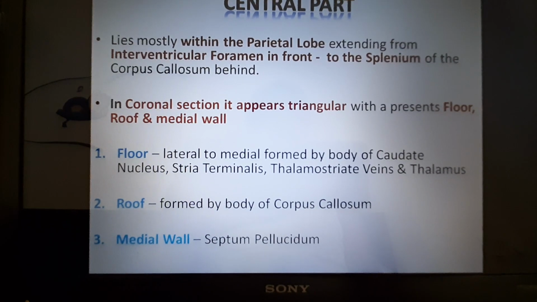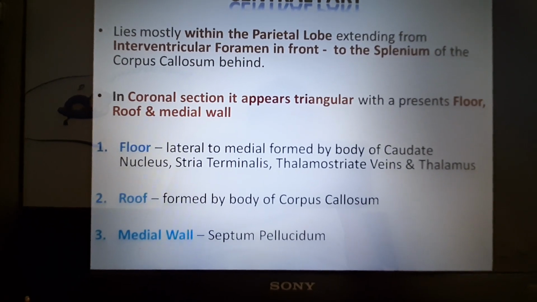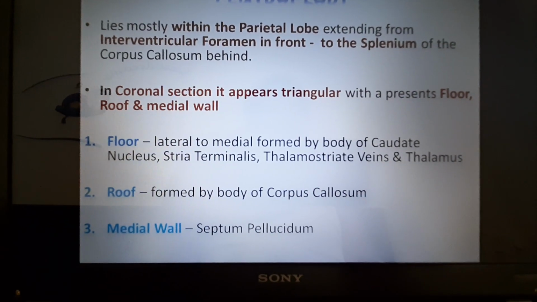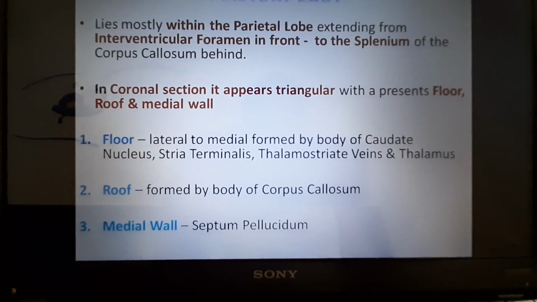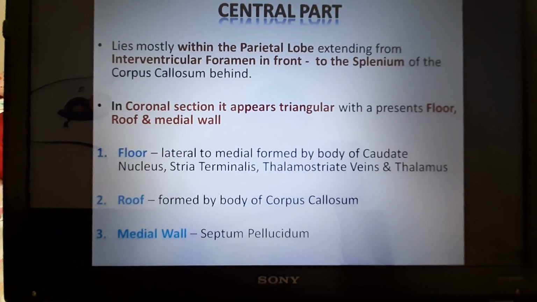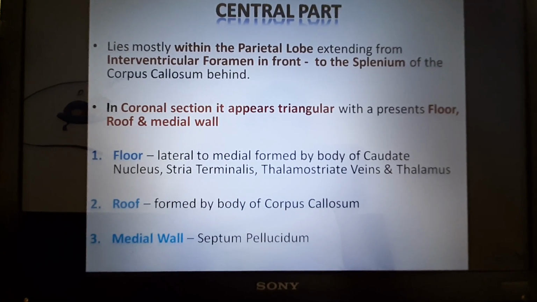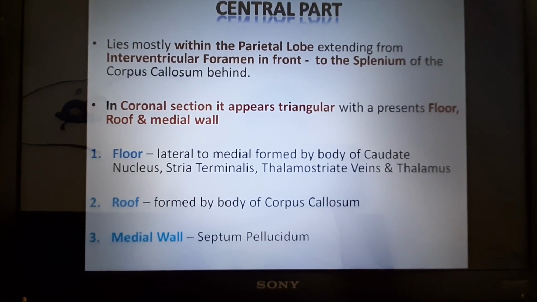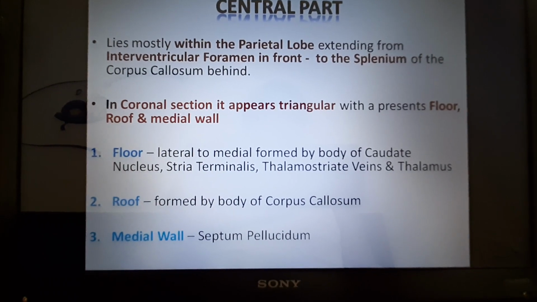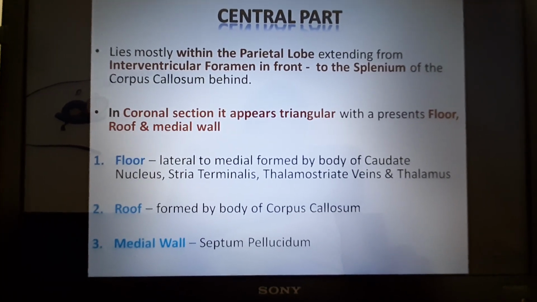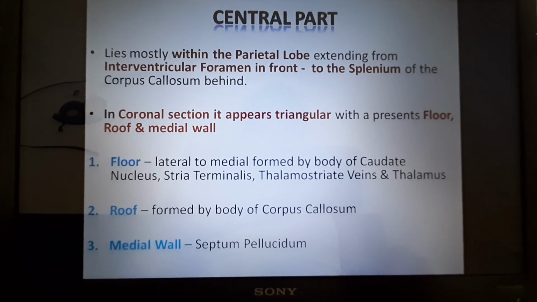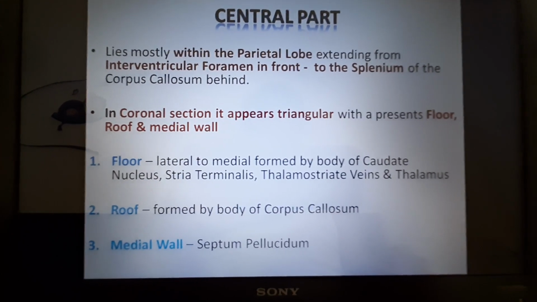The floor is formed from lateral to medial side by the caudate nucleus, the stria terminalis, the thalamostriate veins, and the thalamus, whereas the roof is formed by the body of the corpus callosum. The medial wall is occupied by the septum pellucidum, which is the partition between the two lateral ventricles.